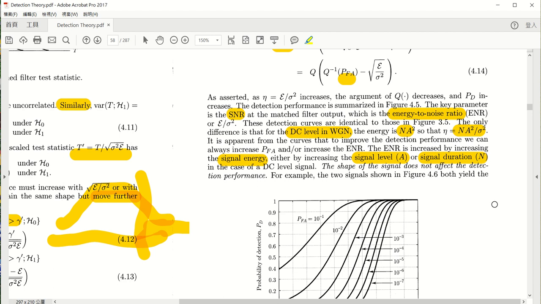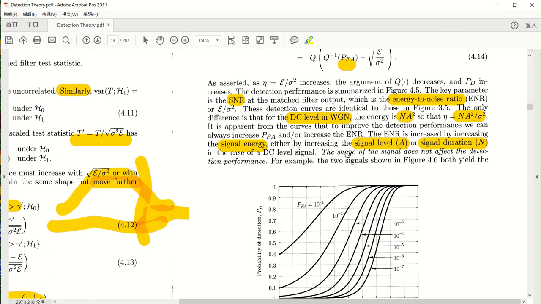This is sort of like if the signal is not that good, you want to collect over a longer time period, then it gives you better performance. So either way, it improves your performance.